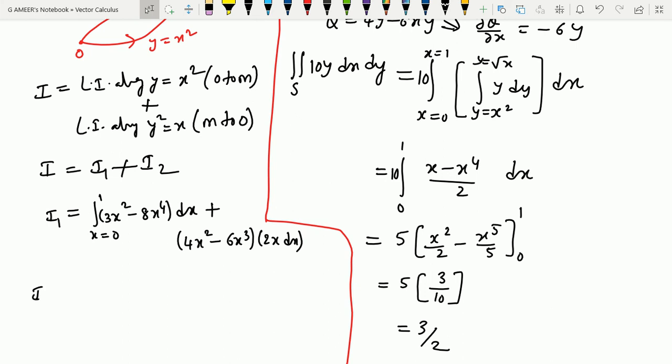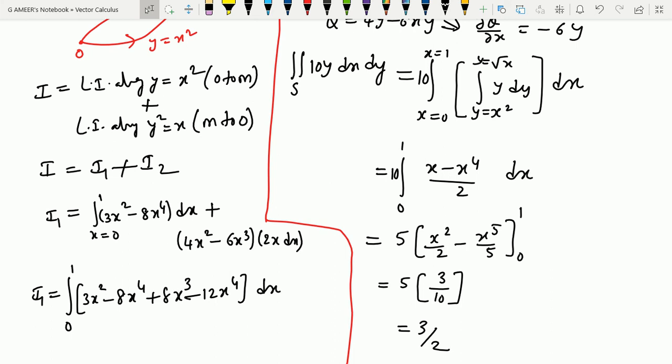Now I1 is the integral, let us align all the terms properly before integrating from 0 to 1: 3x square minus 8x power 4, then 8x cube minus 12x power 4, with respect to x.